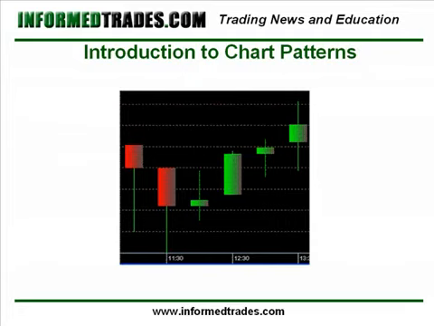Secondly, the length or duration of the pattern, so the length of time it takes for the pattern to form, is a good indication that traders will often use for determining how long they anticipate the market is going to take to reach their target price. So just two more things to keep in mind there.